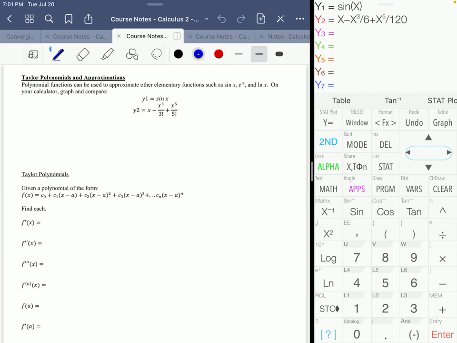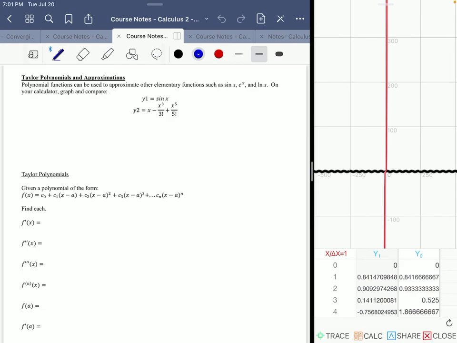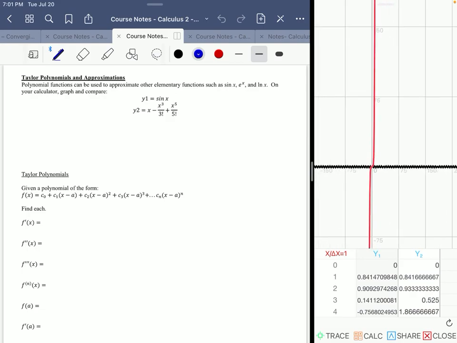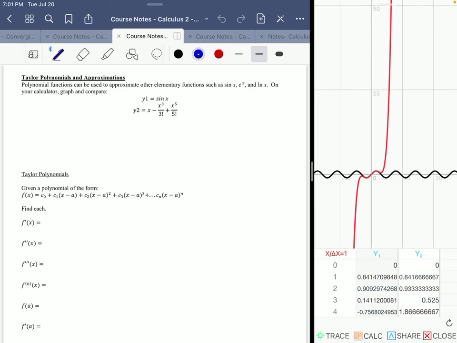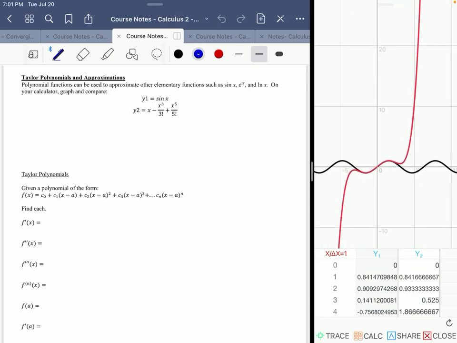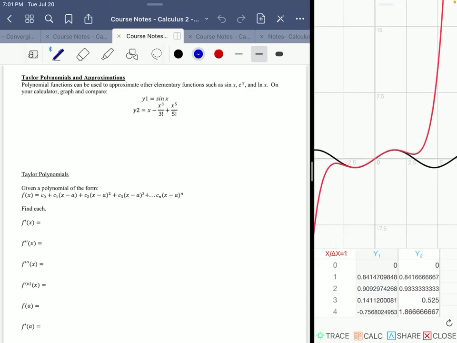And so I'm going to hit graph, and you see here that my graph is a little outrageous. But if I bring it in, you see at least for a small interval around 0, we're looking at a polynomial function that does the same work as the sine function. All right?